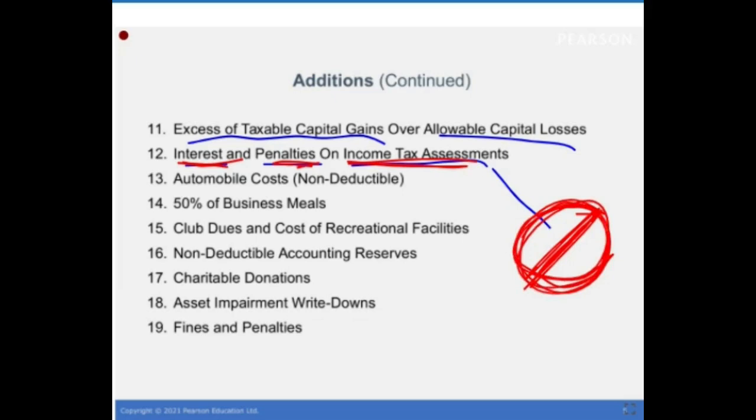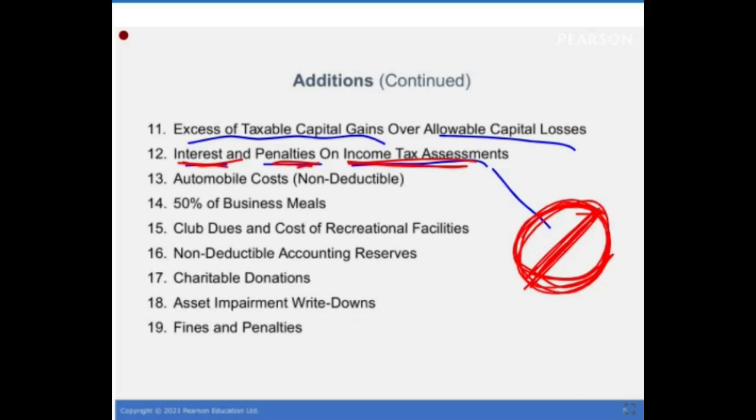So this is one of the ones where we're getting rid of the deduction by adding it back, but you're not going to replace it with anything. It's just not deductible. So something that was subtracted in getting to net income on the financial statements would have to be added back in order to get to our taxable version of this income.